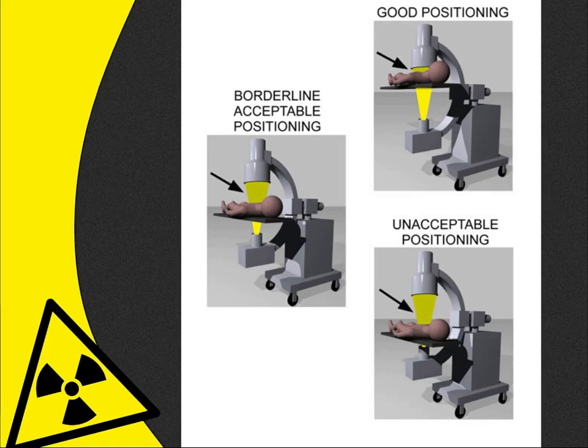The unacceptable positioning is to increase the distance between the patient and the intensifier screen, and put the patient near the X-ray tube, which will increase the patient scatter to the staff. So the good position to have is to make the intensifier screen as near as possible to the patient, and increase the distance between the X-ray tube and the patient to increase the interaction of X-ray with air and attenuate it.